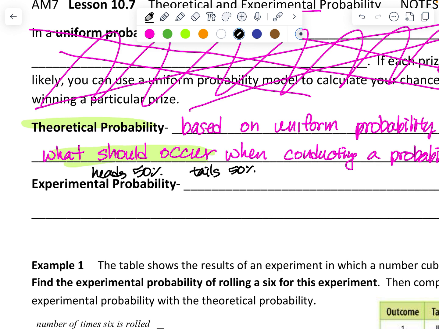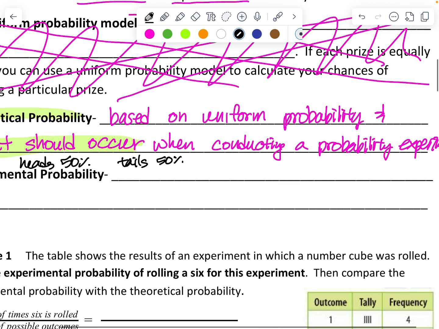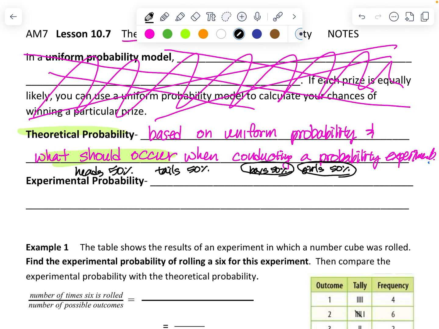If you have enough babies, the number of boys should be 50%, and the number of girls should be 50%. Half of the world population should be men and half should be women. Again, that's theoretically what should occur. Now, in real life, we all know that's not how real life works.